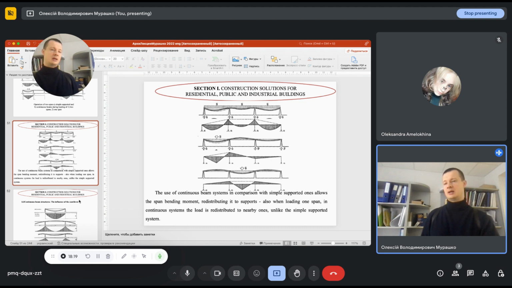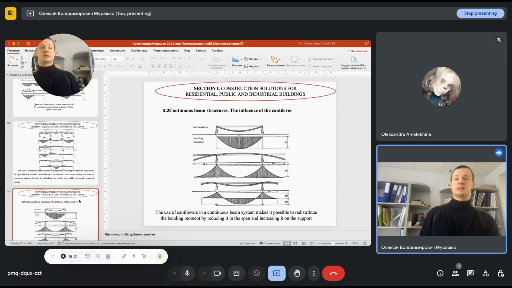And when we compare this behavior with the beam with cantilevers, we find the same situation. Cantilevers give us an ability to redistribute bending moments. For example, here is the simple supported single span beam without cantilevers.